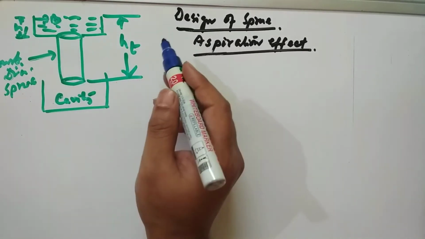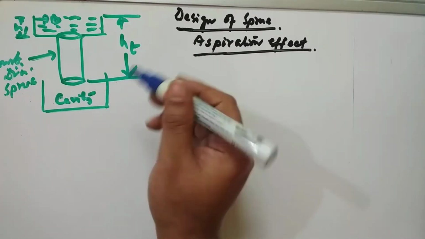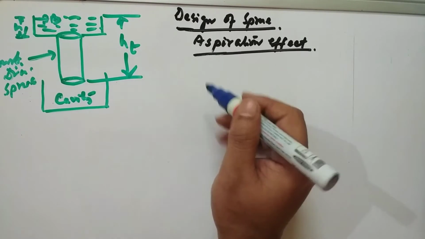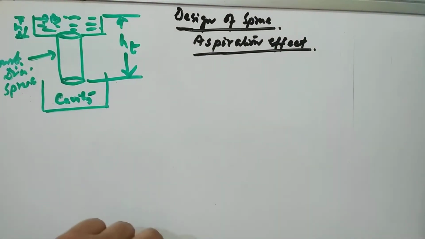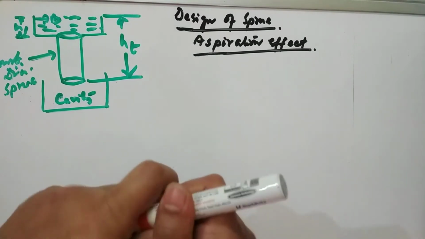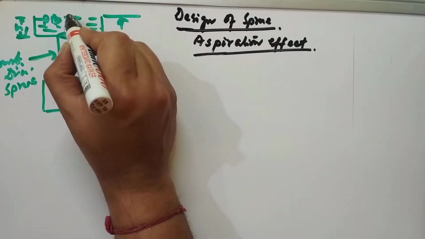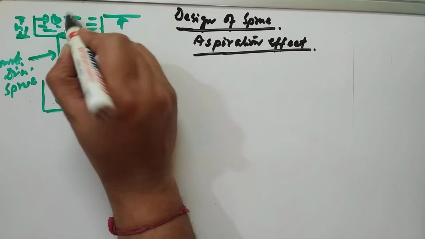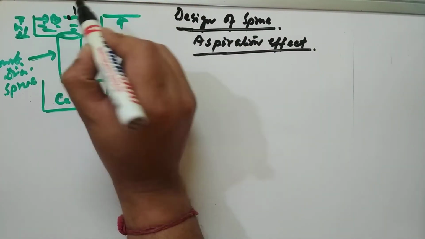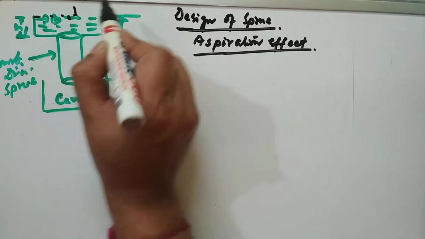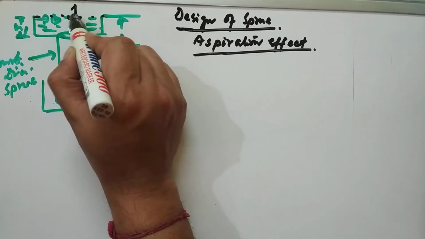Okay, now let us see. We have to apply Bernoulli's equation, so we have to choose suitable points where we can apply it. Similar to the top gating design, just choose the top of the pouring basin as point 1.